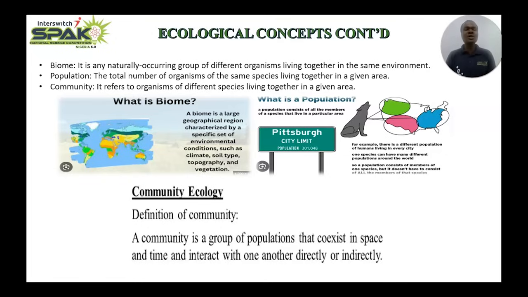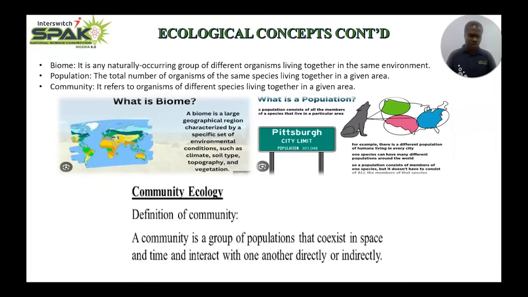A biome is any naturally occurring group of different organisms living together in the same environment. It is usually marked by a distinct plant form. The plant community in a particular biome will determine the type of biome you have there. The name of the biome is usually arrived at based on the plant community.